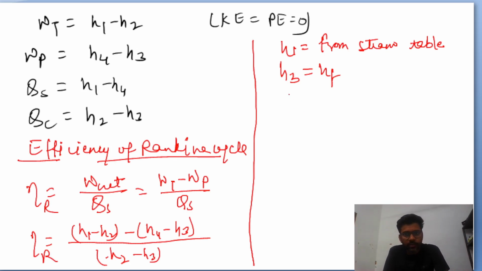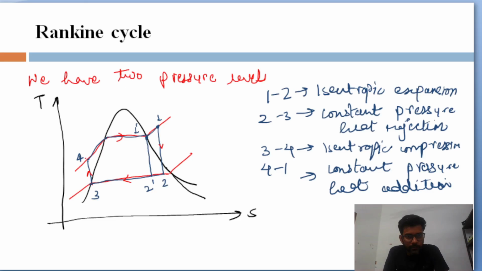Now we have to calculate the dryness fraction. If we see the cycle, at point 2 there is wet steam. So x is the dryness fraction.